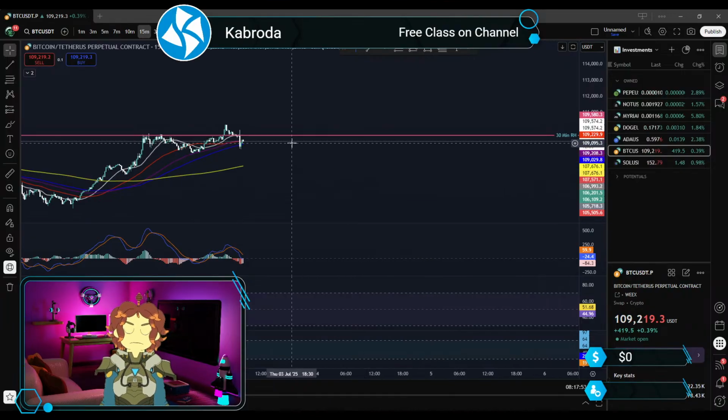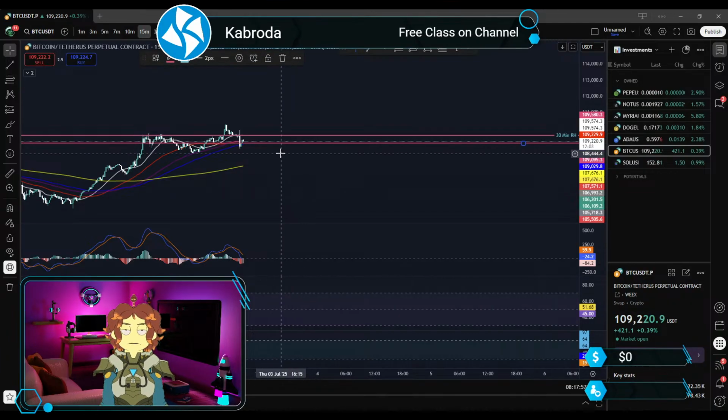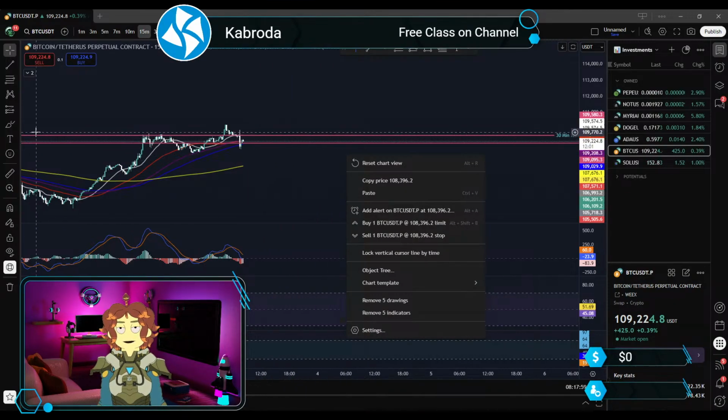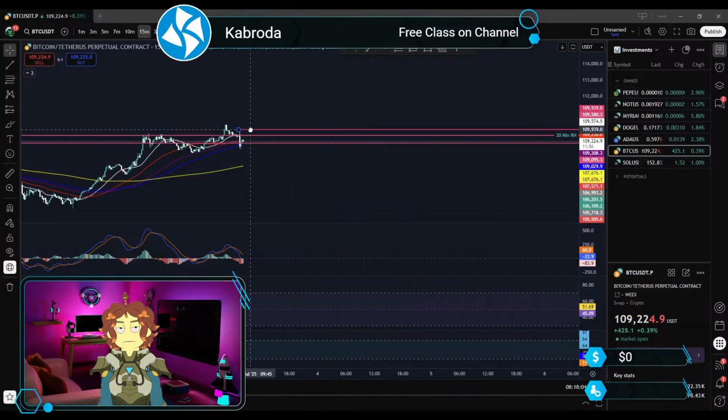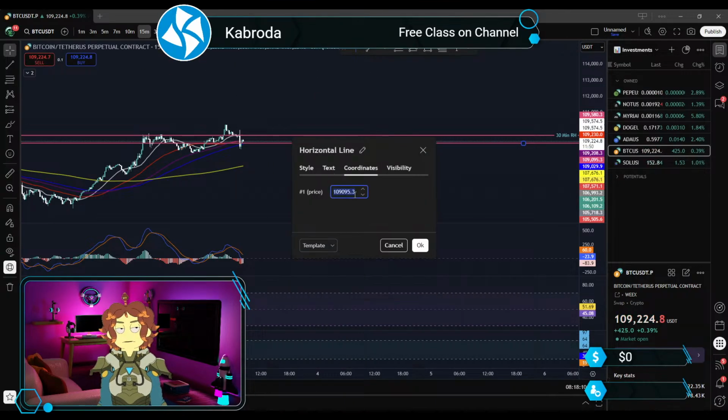All right, and then our second one for the 30-minute low, so another Alt H. If you don't want the line going all the way back, you can just do Alt J. And that'll throw a line from wherever you start it. But Alt H is going to be our start, so click on it again, click Settings, Coordinates, and we're going to go 109,071.